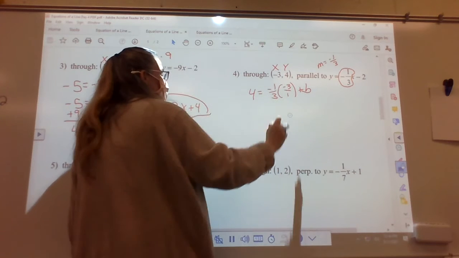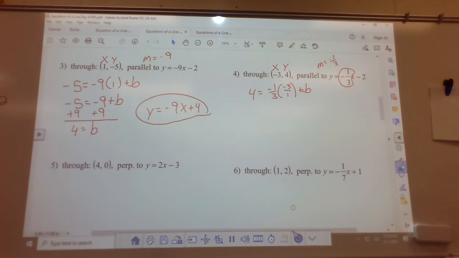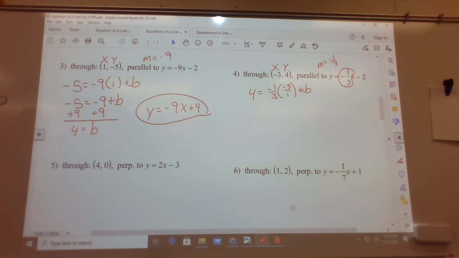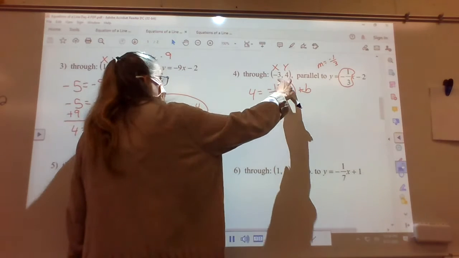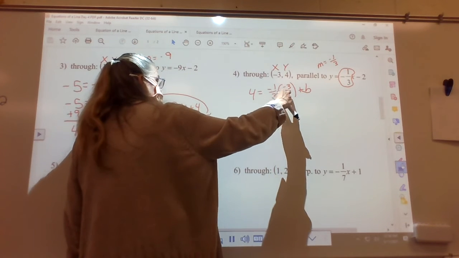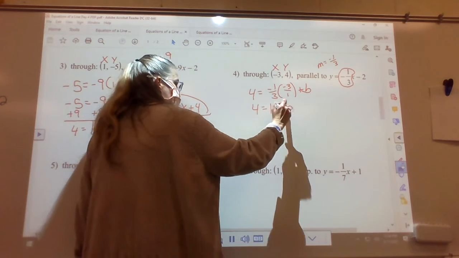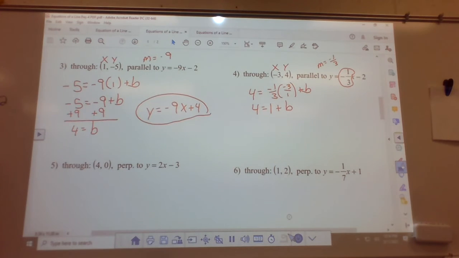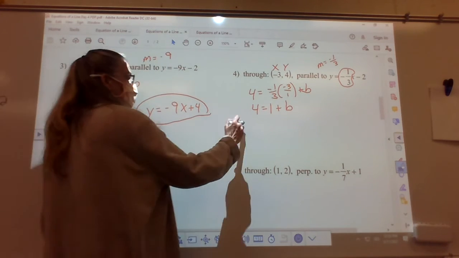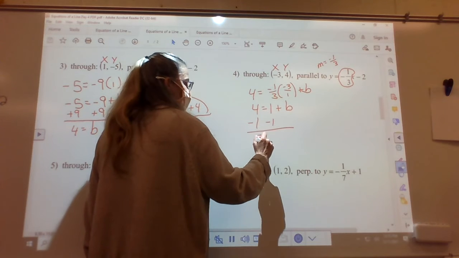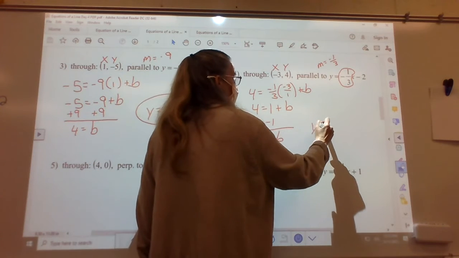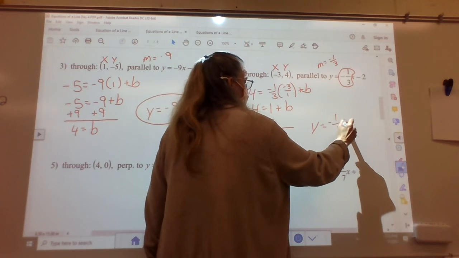I turn the x into a fraction again just because I usually think it makes it a little bit easier when I go to multiply. So when I multiply the top, negative 1 times negative 3 is 3. So I get 3 on top, 3 on bottom. 3 on top, 3 on bottom reduces down to 1. Then I need to subtract 1. And I get 3. Y equals negative 1/3 x plus 3.